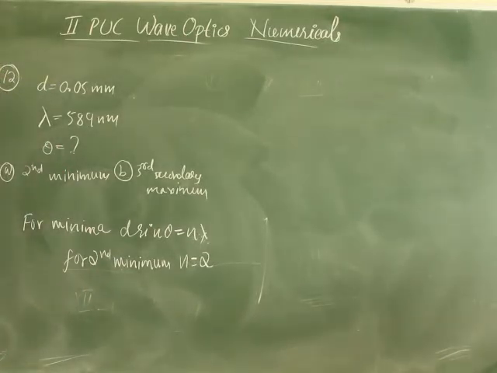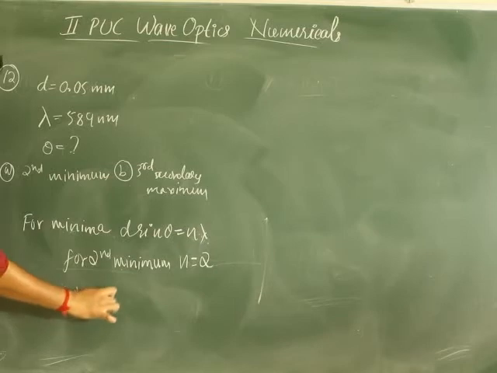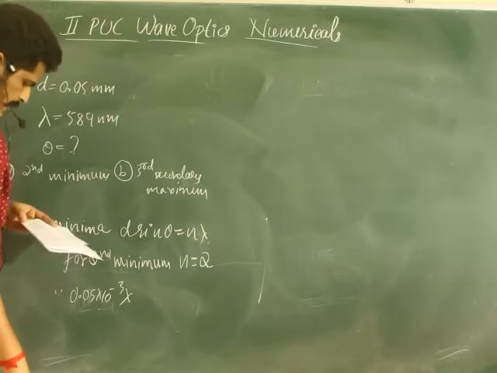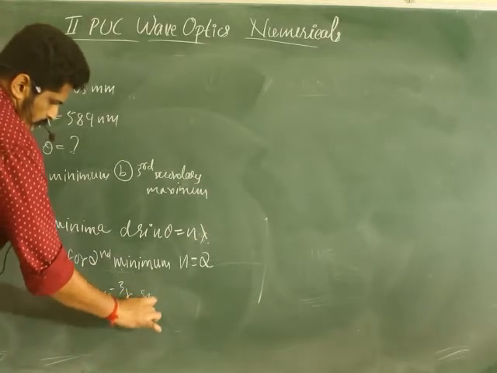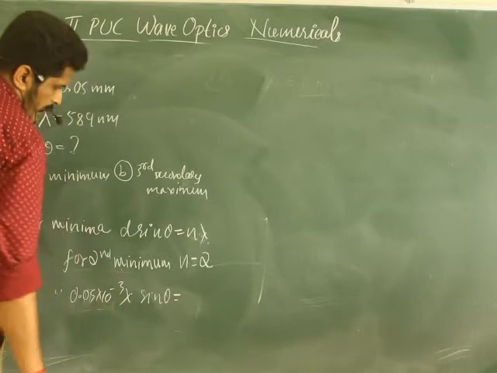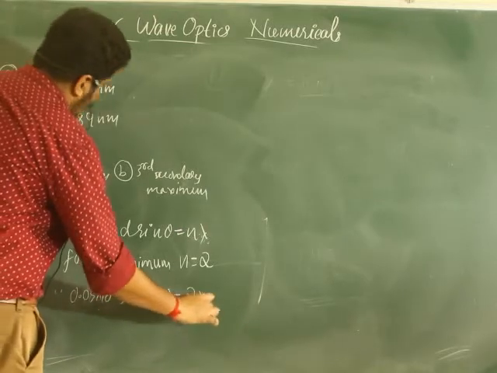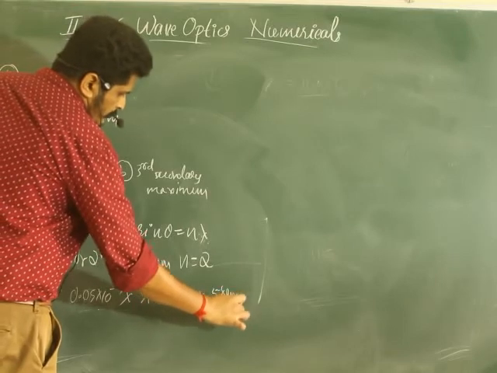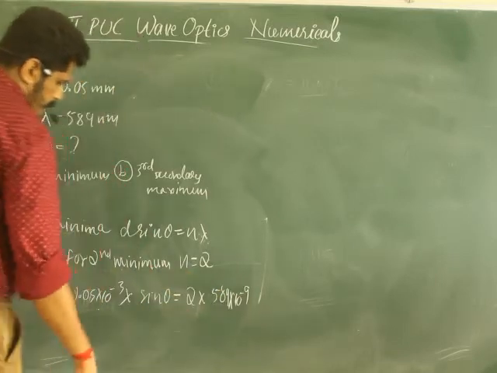Therefore d value is 0.05 into 10 power minus 3, d sine theta equals n lambda. N is 2. Lambda is how much? That is 589 into 10 power minus 9.